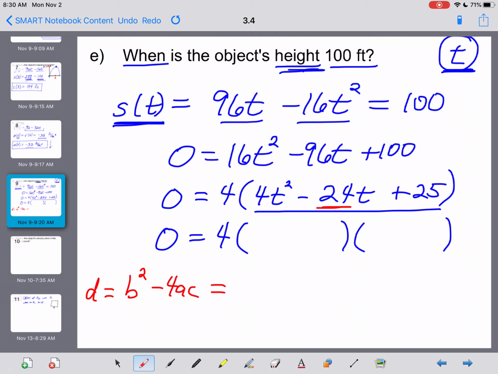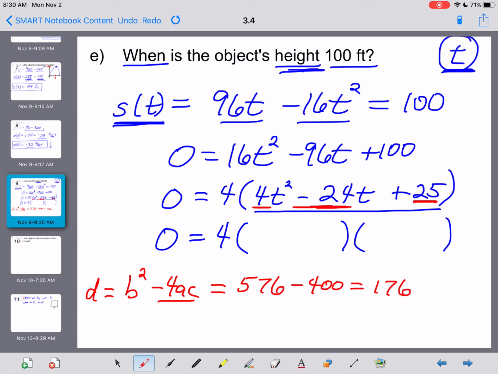Well, my b value here is actually negative 24. Negative 24 squared, I do believe, is going to be 576. Look at me go. Minus 4 times a times c. 4 times 4 is 16. 16 times 25 is 400, and that's going to be a minus 400. That equals 176 for the value of my discriminant.